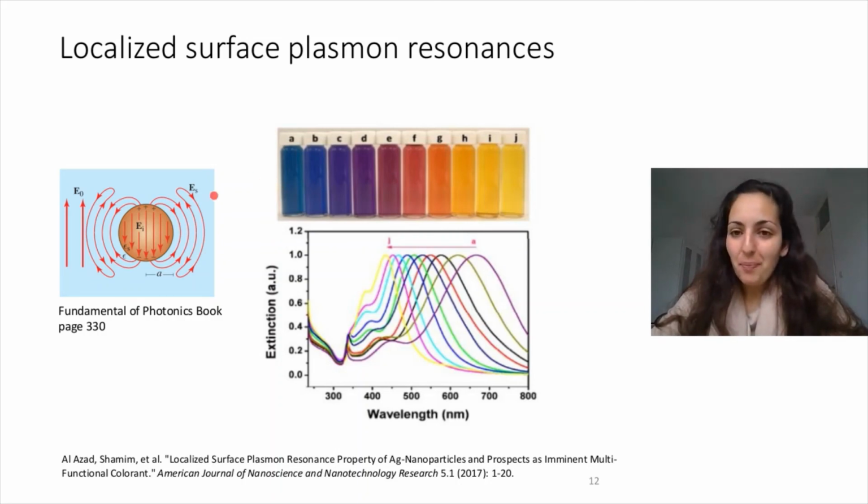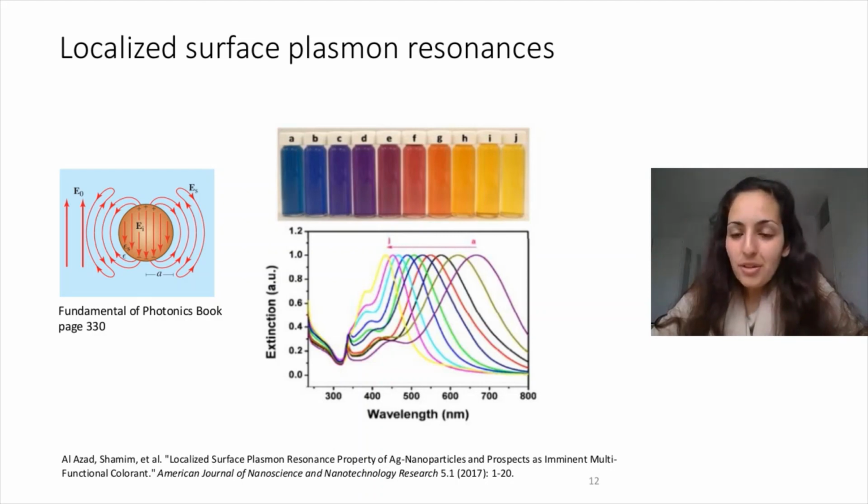You can synthesize these nanoparticles, dissolve them in a solution, and get really colorful effects. The colors come from the fact that certain resonances are preferentially absorbed, and by doing this, you can create really any desired color.